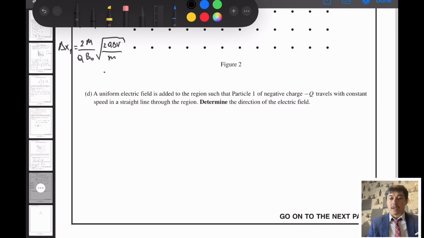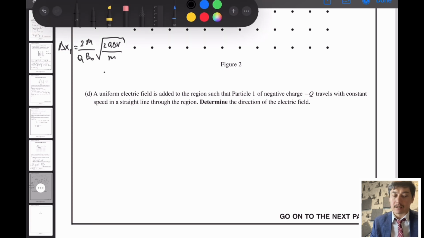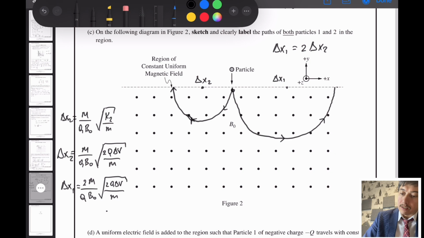Part D. A uniform electric field is added to the region such that particle 1 of negative charge travels with constant speed in a straight line through the region. Determine the direction of the electric field. Now, when the negative charge is entering, let's assume this is our negative charge, negative Q, it's feeling force at the beginning towards the right. This is the magnetic force on it.